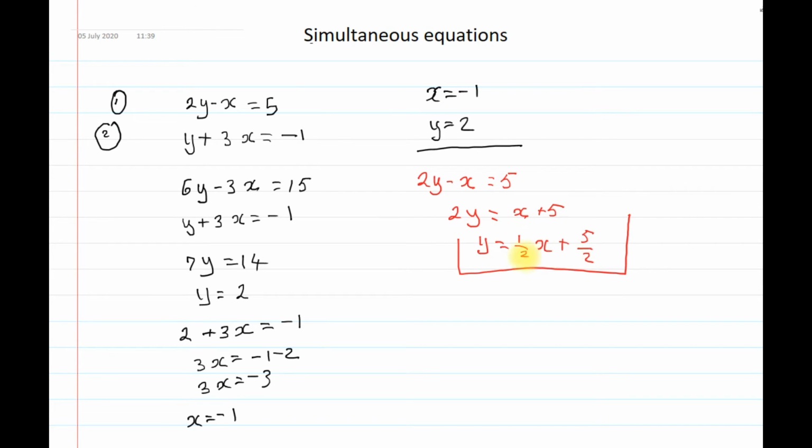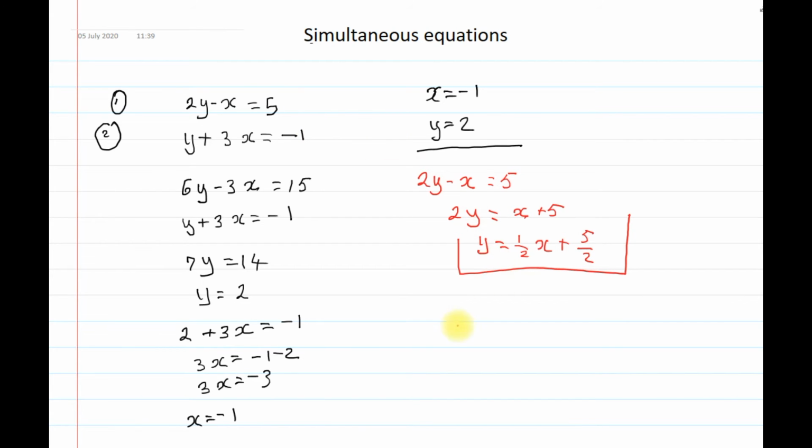Now, we can see this is an equation of a straight line because we have done in earlier videos equations of a straight line. So this is a straight line, y equals half x plus 5 over 2, where the gradient of the line is half and the intercept on the y-axis is 5 over 2.